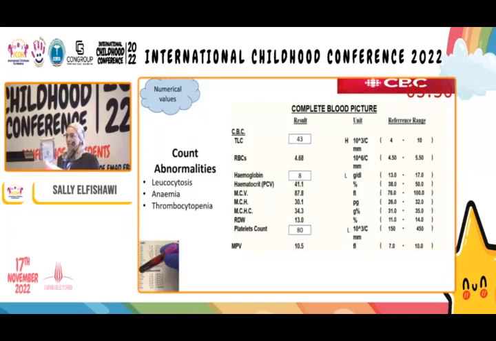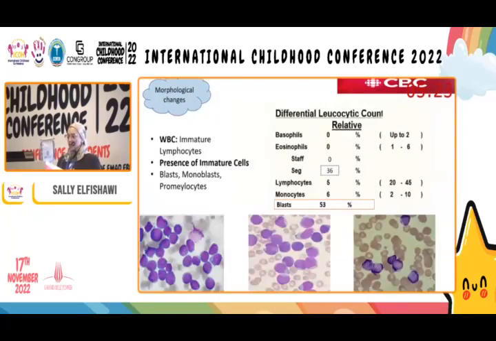When you see an increased total leukocytic count, the next thing is you look at the morphology and you find any abnormalities in the morphological picture of the white blood cells in the form of immature lymphocytes, blasts, monoblasts, promyelocytes, anything that indicates an immature white blood cell. This is a very important trigger to show you that you should think seriously.